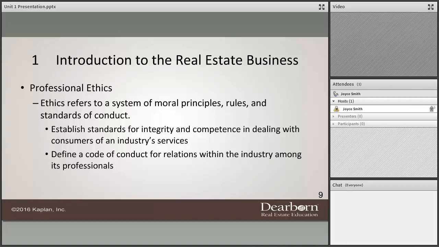And then at this point in time, I always want to ask the question, do you know the difference between something that's ethical versus something that's legal? What's the difference? Ethical versus legal. Think about that for a second. Well, the primary difference is if you do something illegal, you go to jail. If you do something unethical, you don't necessarily go to jail.